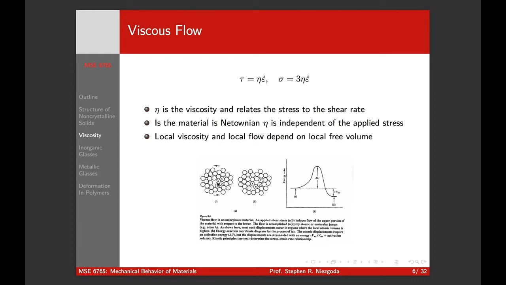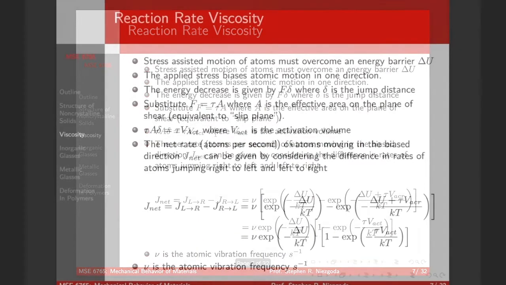So it's not likely to happen just by thermal fluctuations, but by applying a shear, a stress, we give the system more energy, right, to assist this local hopping, right? And the number of coordinated atoms, the coordinated motion of the atoms, right? We can get some information on that from the change in energy from before or after the jump. Right? So that's kind of the main ideas there.